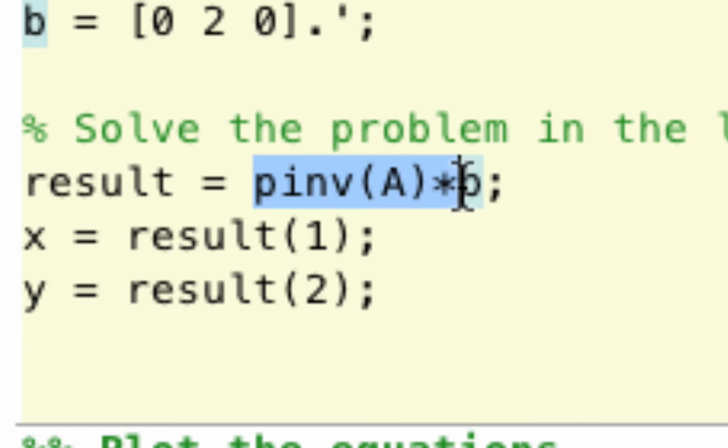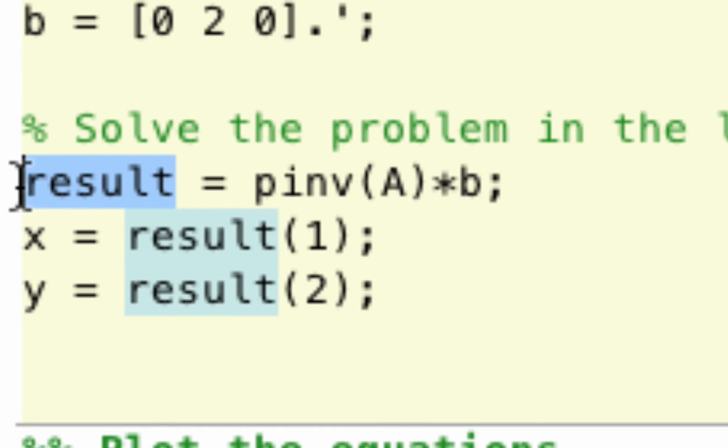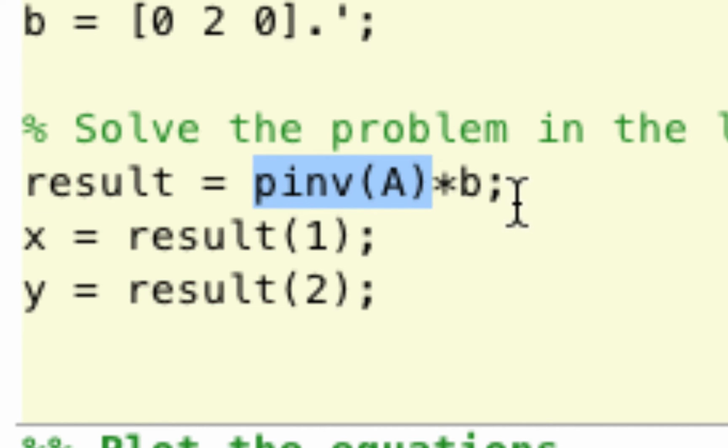Otherwise, this multiplication makes no sense. And then, on the other hand, we know that the result must have 2 components because we have 2 variables in this system. So that's why the pseudo-inverse must actually have 2 rows. So the pseudo-inverse actually has the same size as the transpose of matrix A.